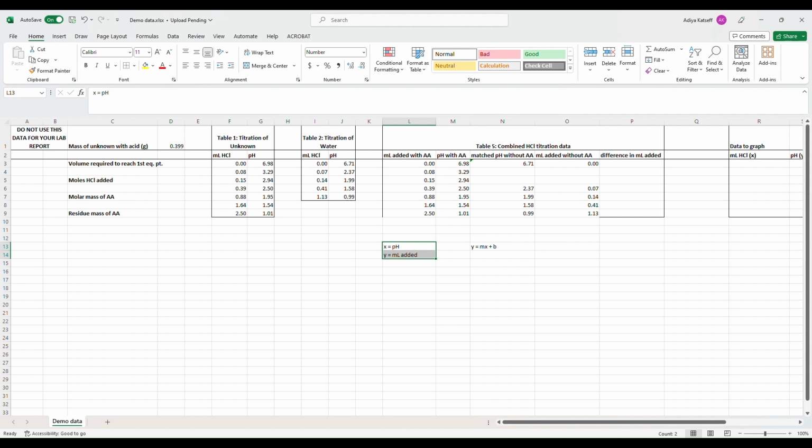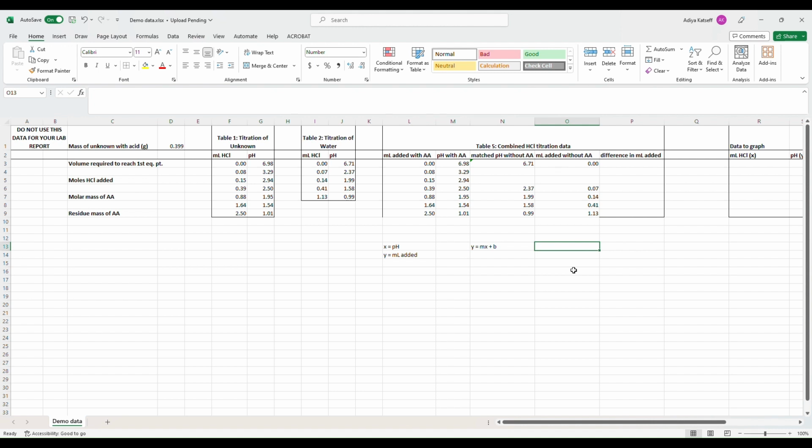Our titration curve is going to look more like this, where our x-axis is the mLs added and our y-axis is the pH. I just want to make it clear that what we're doing here is the opposite of that. So just keep that in mind. Like I said, you can do it the other way around. This just makes our lives easy math-wise.